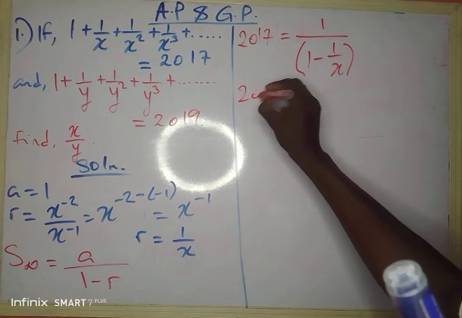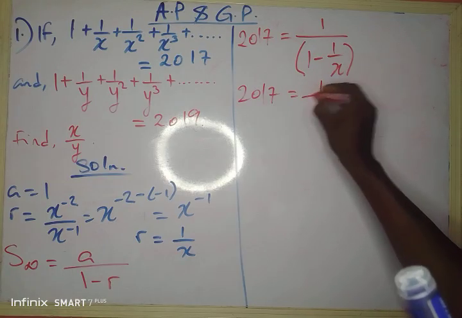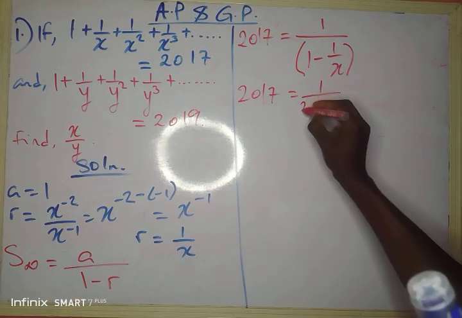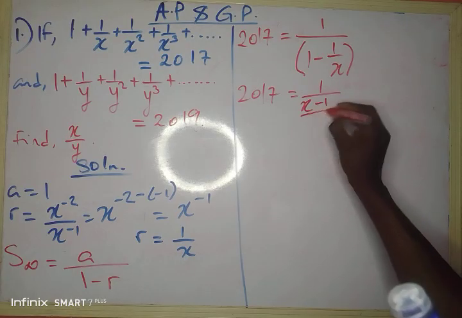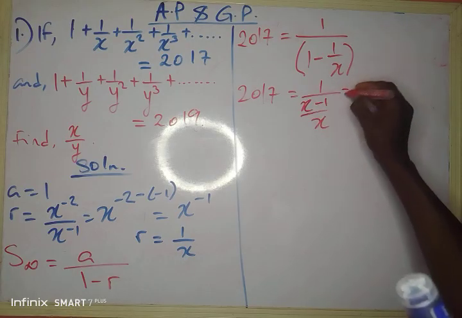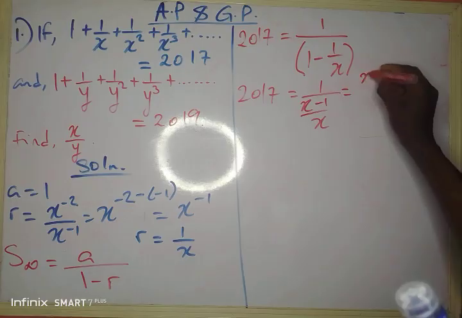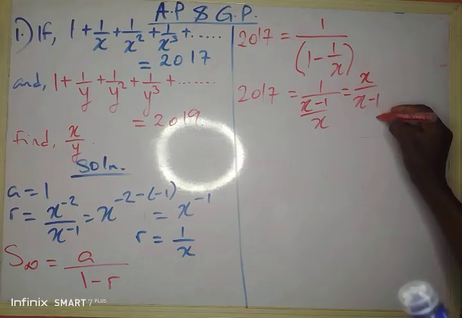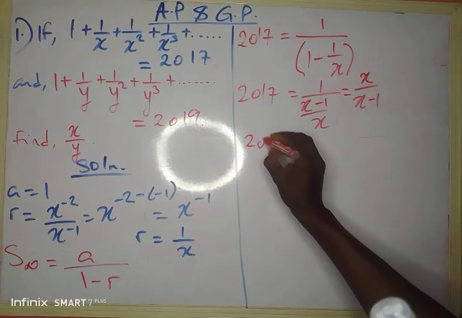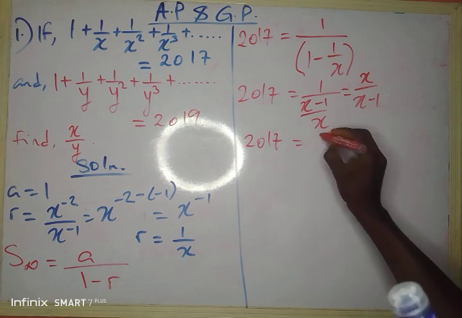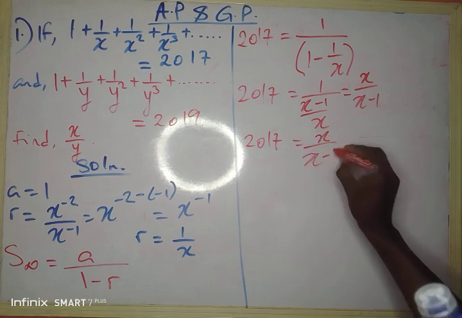From here I can say 2017 equals 1 over x times (x minus 1) over x, which then equals, this x will come up, x over x minus 1. Do you get that?